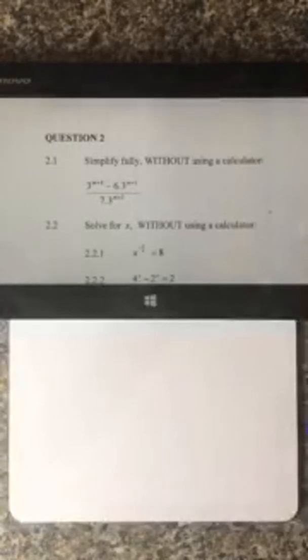So ladies and gentlemen, we'll start with our first question, which is 2.1 of question 2. So they say simplify an expression. So now we'll be dealing with question 2, we'll be doing 2.1, and we're given 3 to the exponent m plus 4 minus 6 multiplied by 3 to the exponent m plus 1.